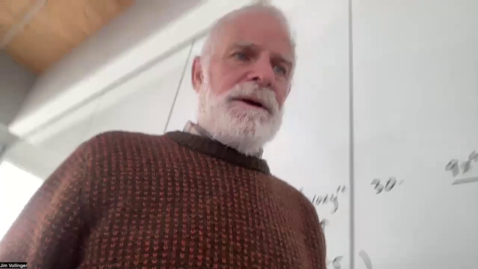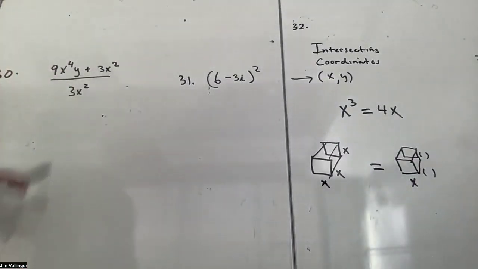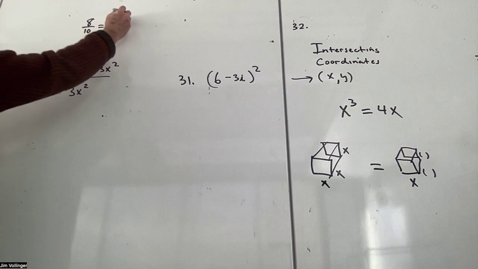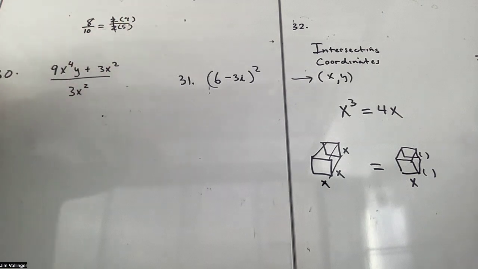Next problem can be done a couple of different ways. Which way is the easiest to do this reduction? Well, when you reduce a fraction, 8 over 10, you really factor 2 times 4 over 2 times 5, and getting rid of a couple of the factors, because it's multiplication, reduces it. So can I factor the numerator as one method? Yeah. Same thing I did over there.